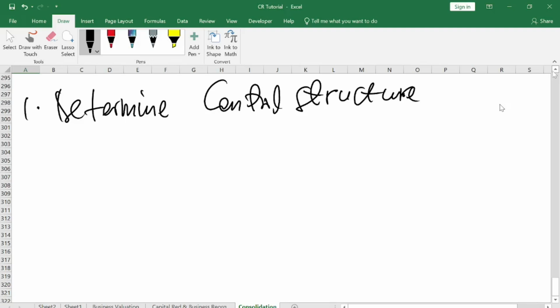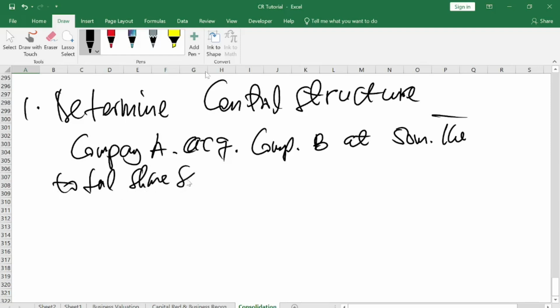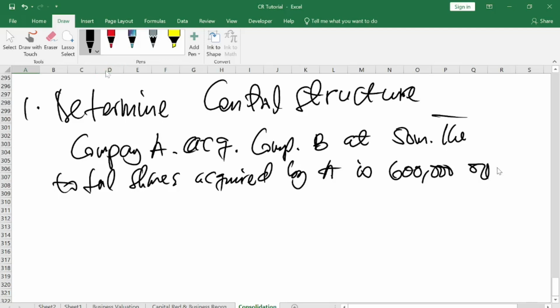So if maybe company A acquired company B at 50 million, the total shares acquired by A is 600,000 out of 100,000 shares.